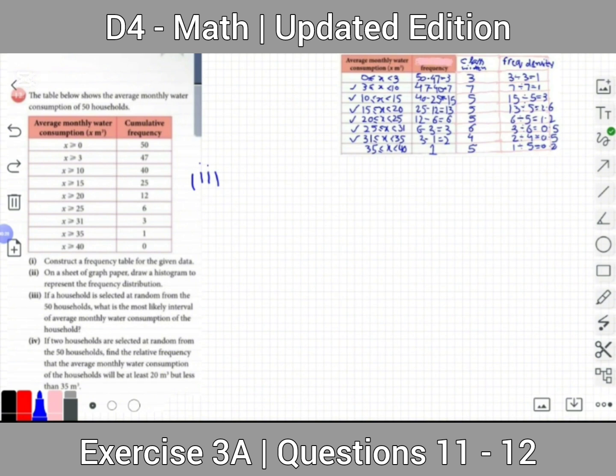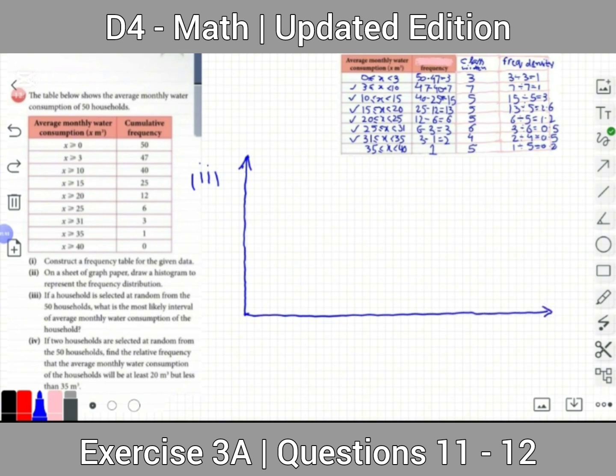So here we will draw the y-axis, and here we will draw the x-axis.